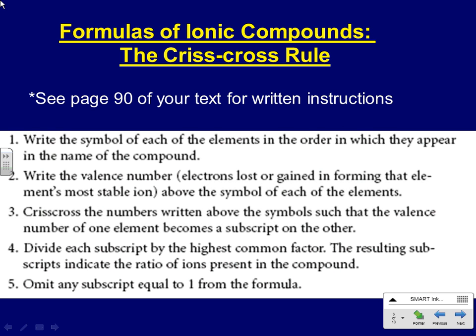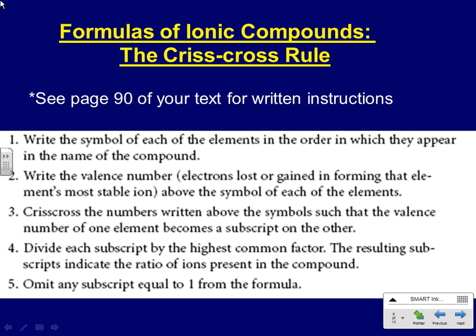Let's talk about determining the formulas. So formula of ionic compounds, whether you call it the crisscross rule or the crossover rule, do not write this all out. This is stuff you've done for years figuring out formulas. If you want to make a reference to your text, you can say, see page 90, and it talks about writing the symbol, then write the oxidation state, then cross them over, then cancel out any common factors, bring it to the lowest common factor, write your formula, right?